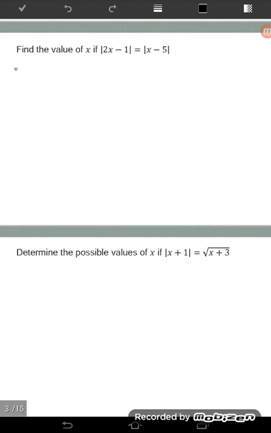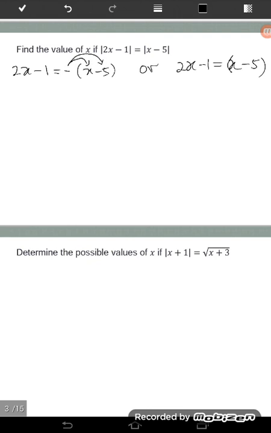So 2x minus 1 equal to negative (x minus 5), or 2x minus 1 equal to x minus 5. Okay, so satu negatif, satu positif. Jangan lupa letak bracket, sebabnya negatif ni kita perlu kembangkan ke dalam dia untuk semua sekali.